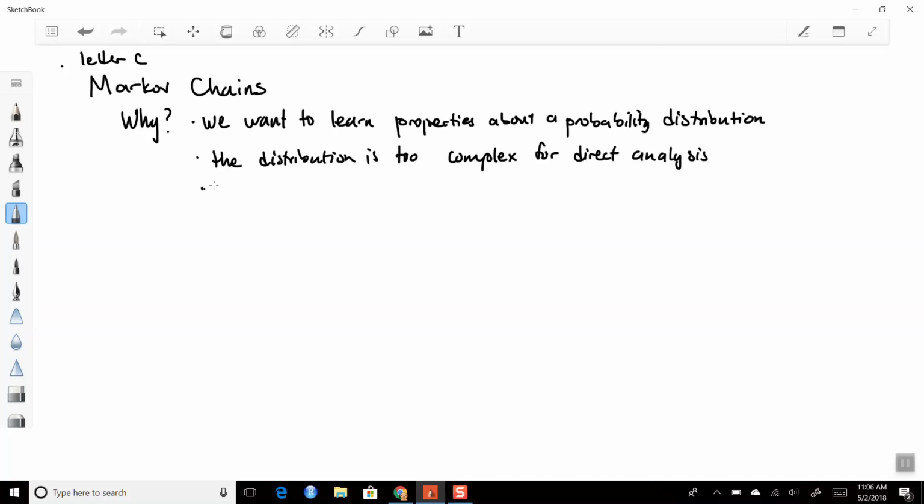So instead of direct analysis, we will approximate the distribution by drawing a random sample from the distribution.